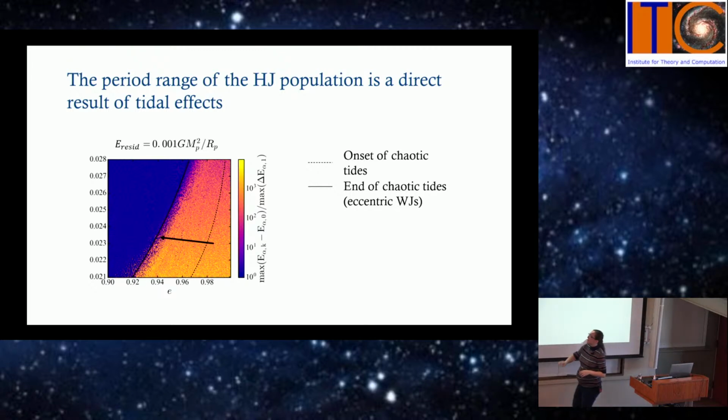So this black line here is where the chaotic tides turn off. The range of periods that you would expect is set by this bottom line, which is the threshold for tidal disruption. So you wouldn't expect to see any planets below that. And then the outermost semimajor axis that we consider, that criteria for where chaotic tides are important, will set the period for the longest period hot Jupiters.